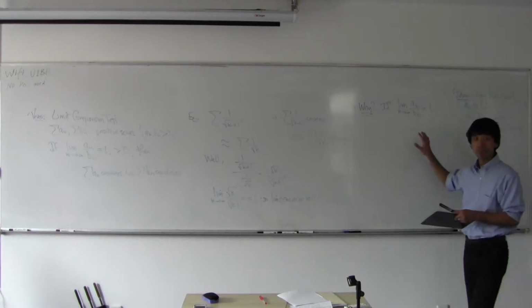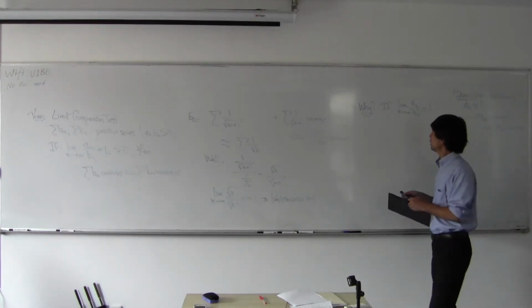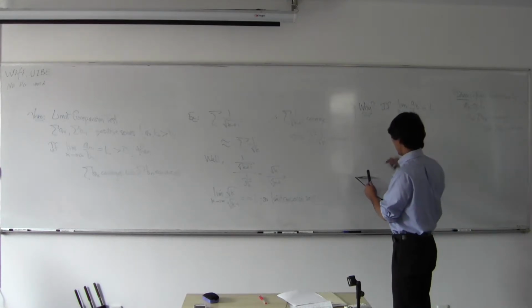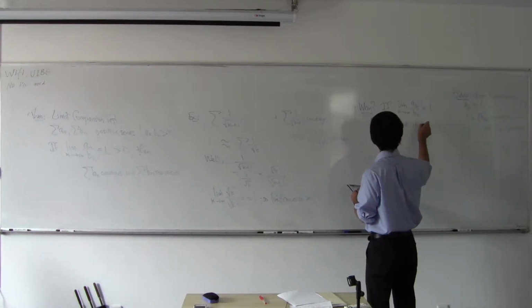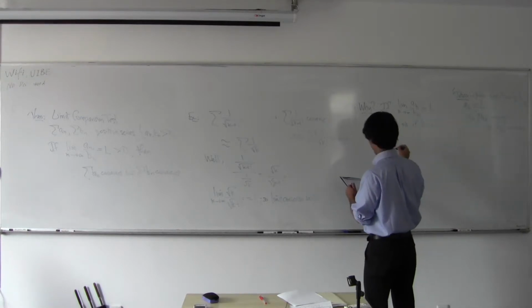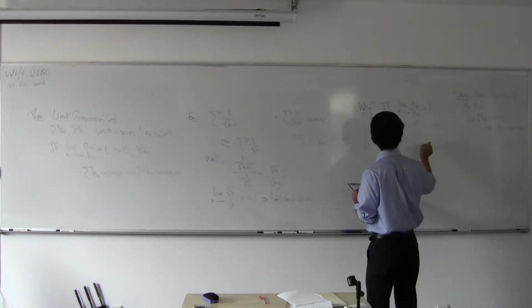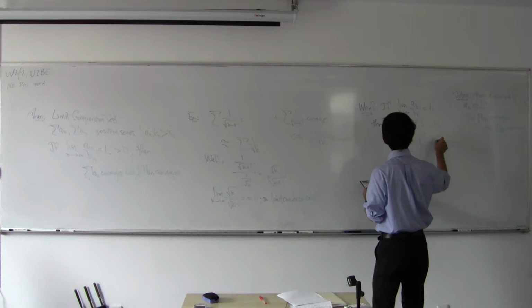But we have to make that a little bit more proper. So you say, if this limit is equal to L, then there exists an N such that if k is bigger than N, a sub k over b sub k minus L is smaller than, say, L over 2.